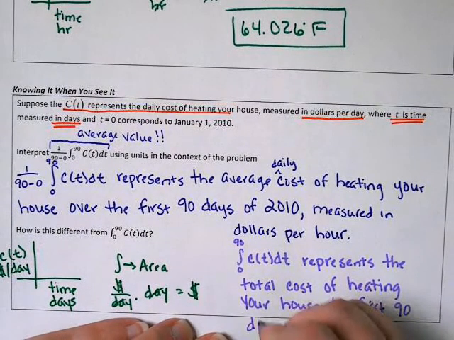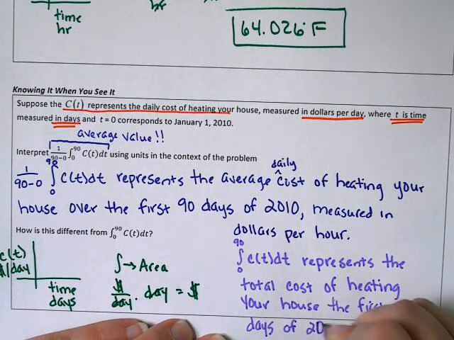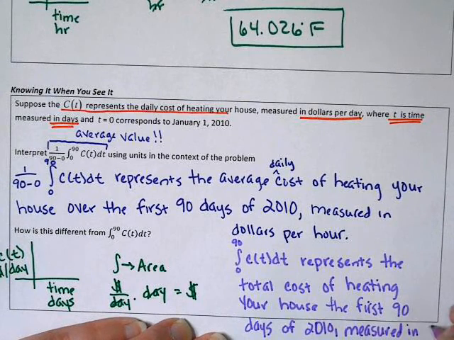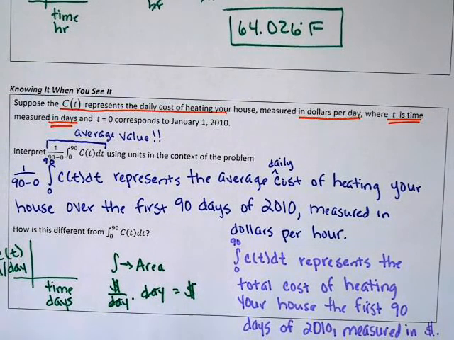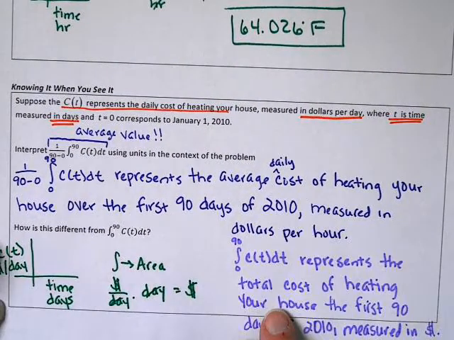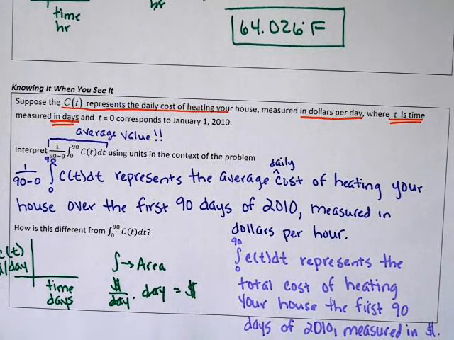The first 90 days of 2010, measured in dollars. So the difference is that the average value is giving us the average daily cost, whereas when we're looking at just the integral, we're looking at the total cost of heating our house.